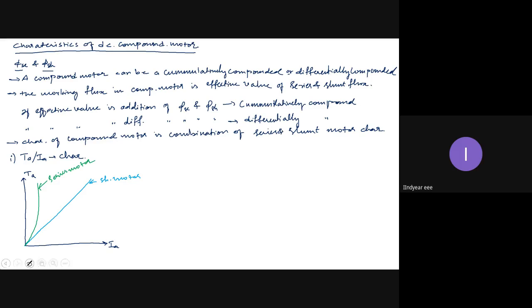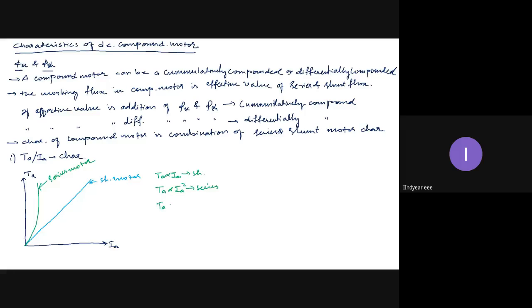Now, in compound motor, so here I will write briefly, TA is proportional to IA in shunt. TA is proportional to IA square in series. Now, what about in cumulative compound motor?